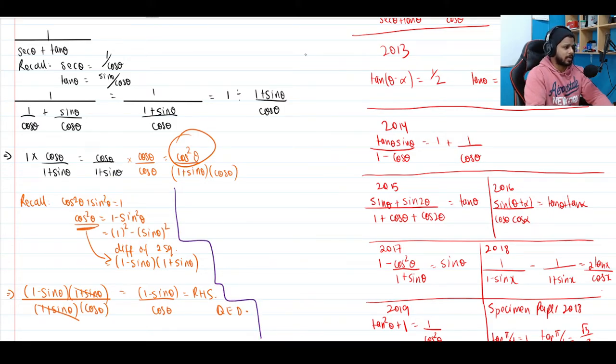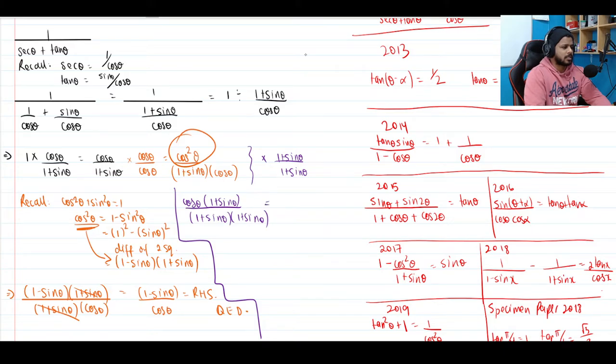I can multiply by 1 plus sine theta over 1 plus sine theta. So instead, follow it with me. I'll multiply by 1 plus sine theta over 1 plus sine theta. So I'll end up with cosine theta into 1 plus sine theta over 1 plus sine theta into 1 plus sine theta.